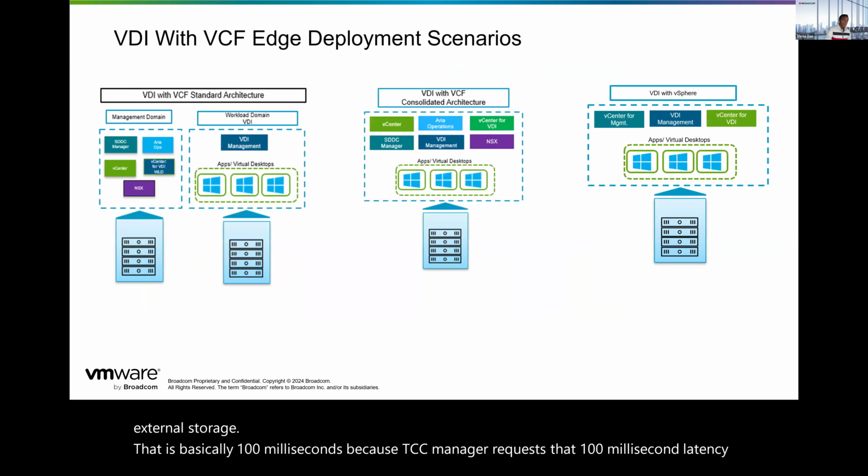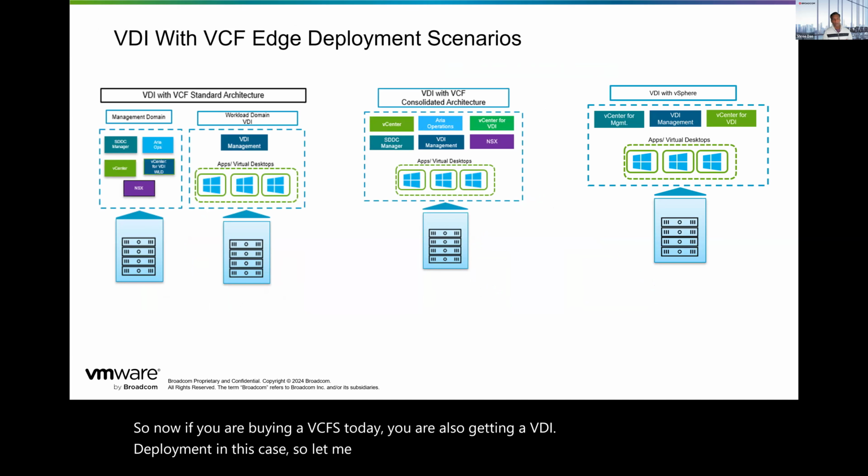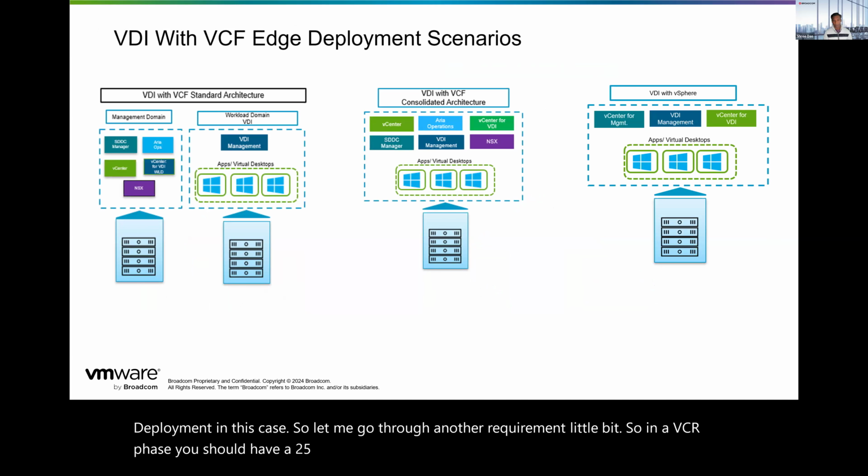Now, if you're buying a VCF Edge today, you're also getting a VDI deployment. Let me go through our requirements a little bit. In a VCF Edge, you should have a minimum of 25 physical locations.